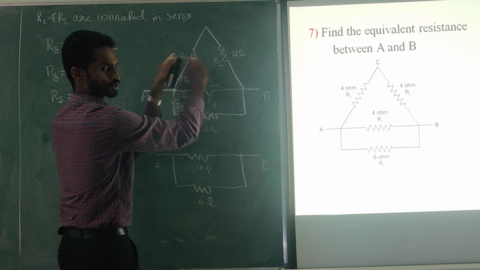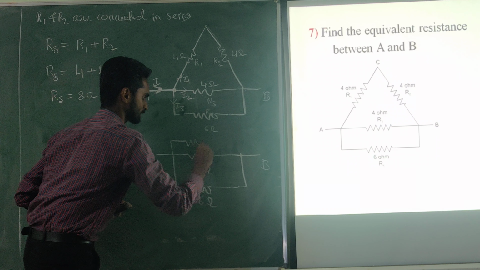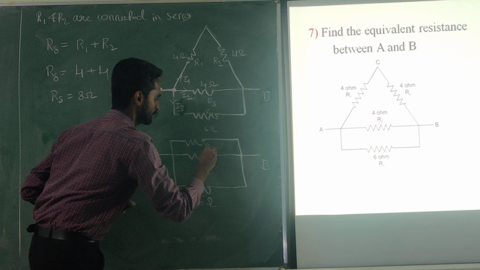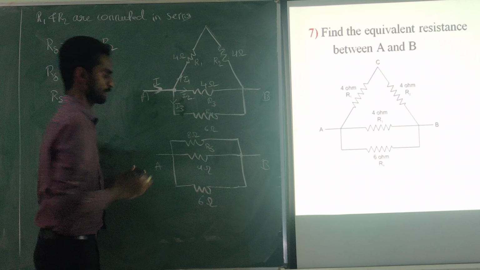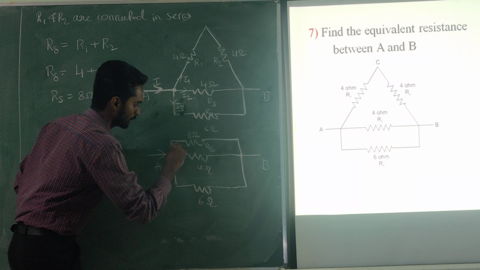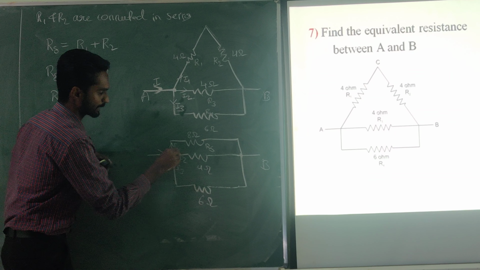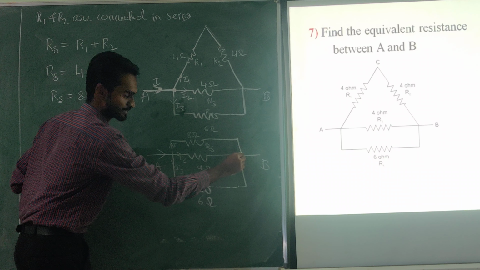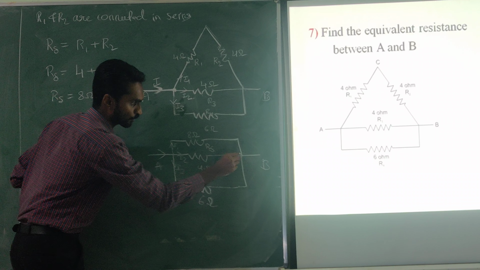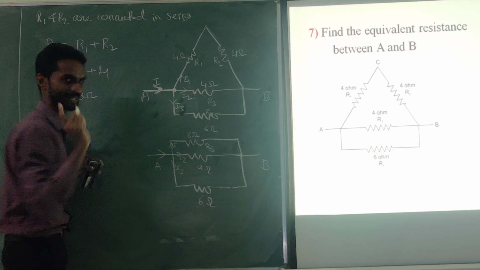By finding the series combination, we got one resistor called Rs, and that is 8 ohm. Now look here, again the current directions I1, I2, and I3. Here I1 current is flowing through only one resistor, here I2 current is flowing through only one resistor, and here I3 current is flowing through only one resistor.